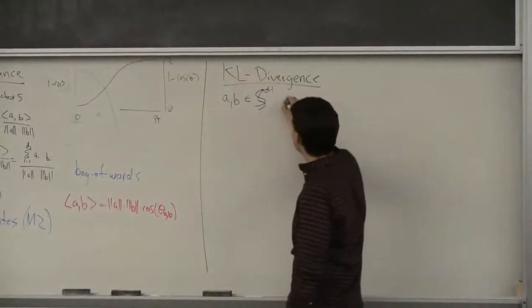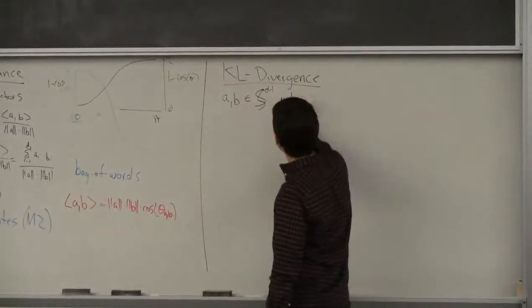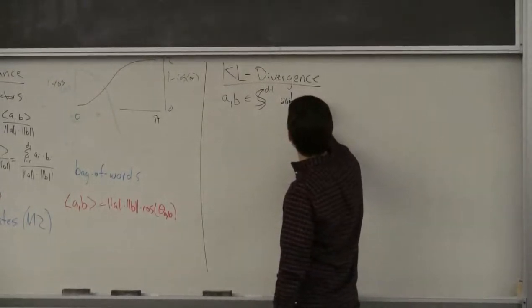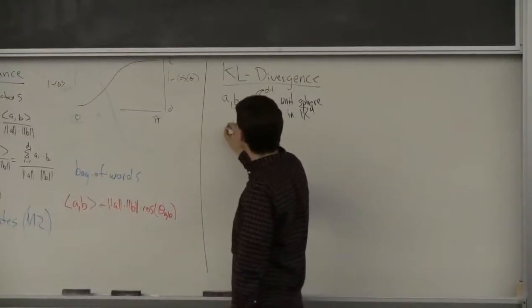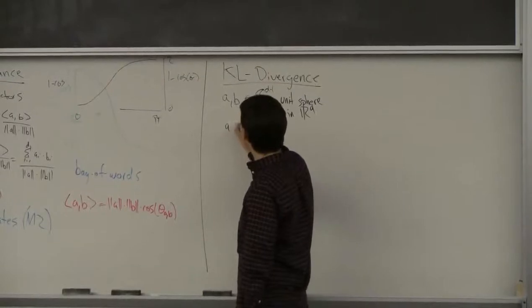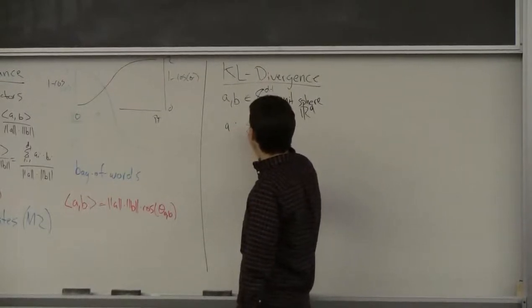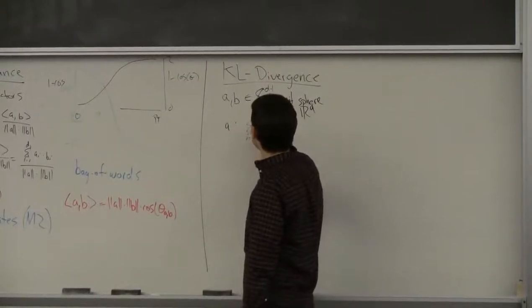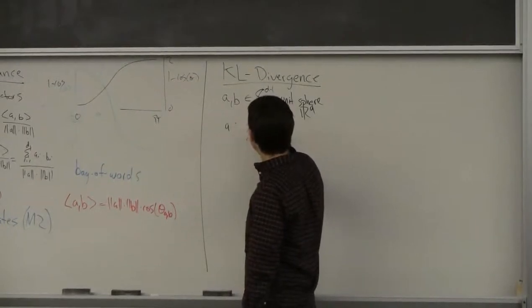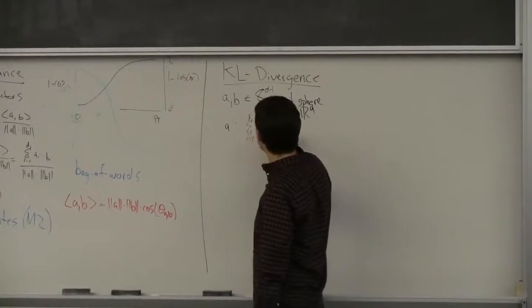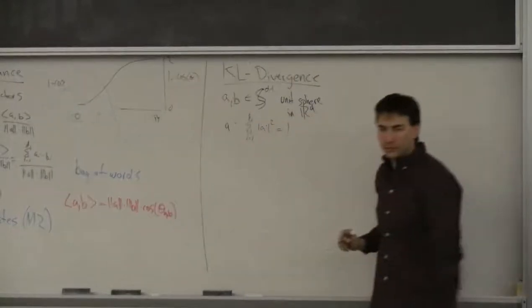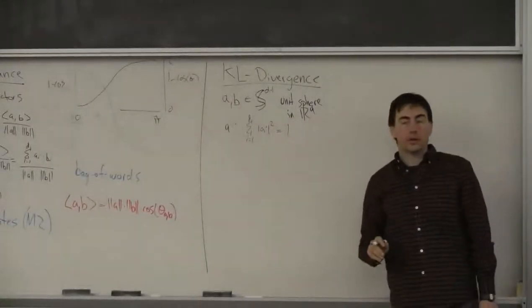So this is the unit sphere in R^d, and this means that for A, we have the property that the sum from i=1 to d of A_i squared is going to be equal to 1, right? So A and B are going to be unit vectors.